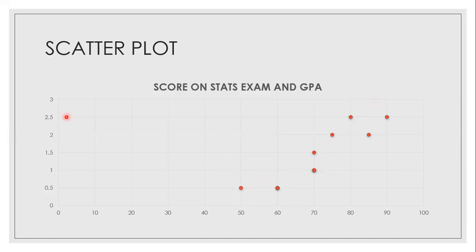Again, GPA is on the y-axis and the score on statistics is on the x-axis. You want to maintain your independent and dependent variables when plotting the diagram.